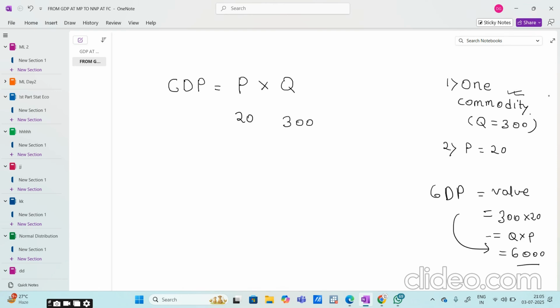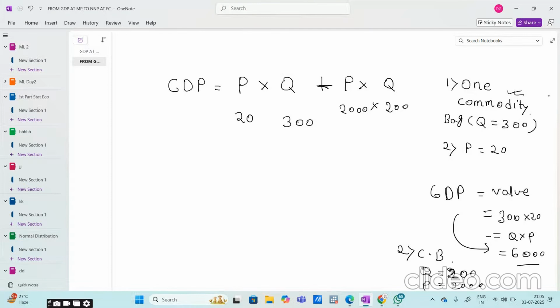Right? If there are multiple commodities in the economy, you have to do it again and again: P into Q plus again P into Q. Here suppose we have another commodity in the economy, suppose this is the bag and this is the cricket bat, and the quantity of the cricket bat sold in the economy is suppose 200 and the price is 2000. So it is 200 into 2000 and we have to calculate that also.